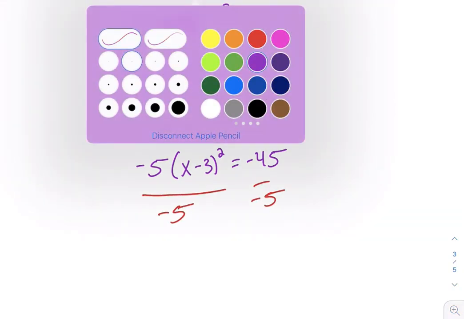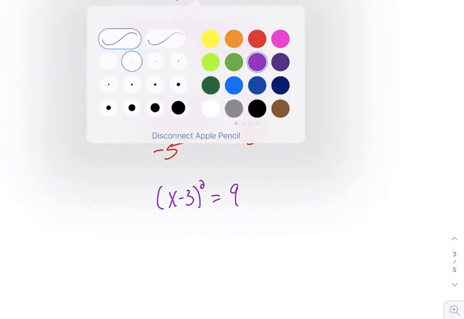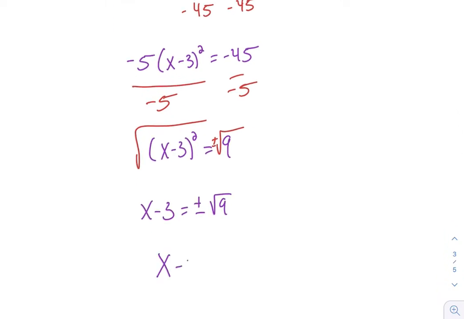And we get x minus 3 squared equals 9. And similar, square root both sides, remembering to add a plus or minus. And I get x minus 3 equals plus or minus square root of 9. Oh, but the square root of 9 is 3.